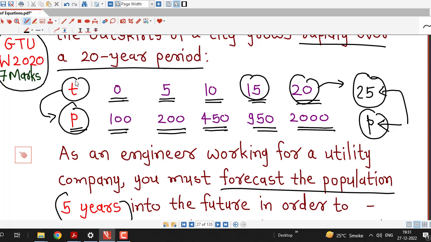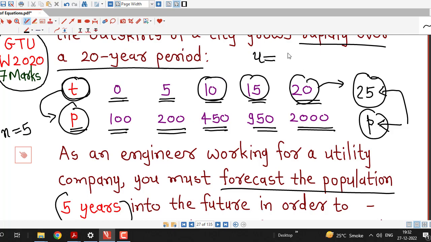what we can do is we can change this independent variable t to the new independent variable, say u, by some transformation. So we can change this variable t to the new variable u by this transformation. Here we can see there are 5 values for time given. So this is the middle value.